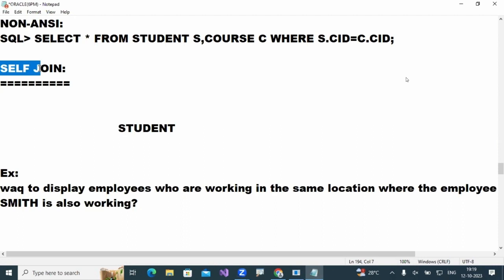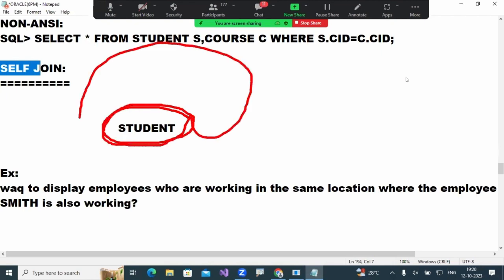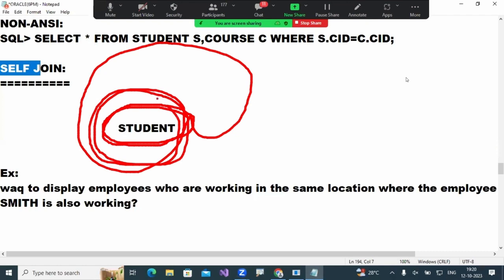How does it work? A table comparing by itself. What does it mean? A table comparing by itself. The table is not comparing with another table; it is comparing with itself. Suppose you have a student table. A student table comparing by itself only, not with any others.